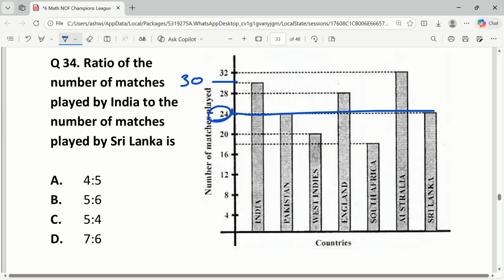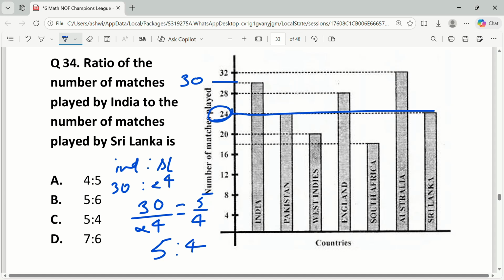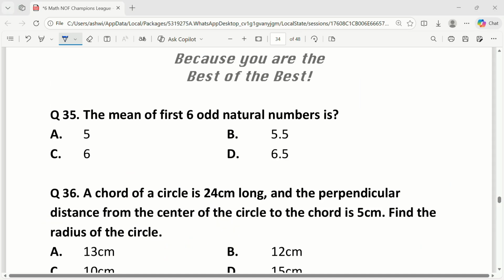The ratio is India to Sri Lanka, that is 30 is to 24, which can also be written as 30 upon 24, which is equal to 5 by 4. That can also be written as 5 is to 4. Comparing with the given options, the answer is C.